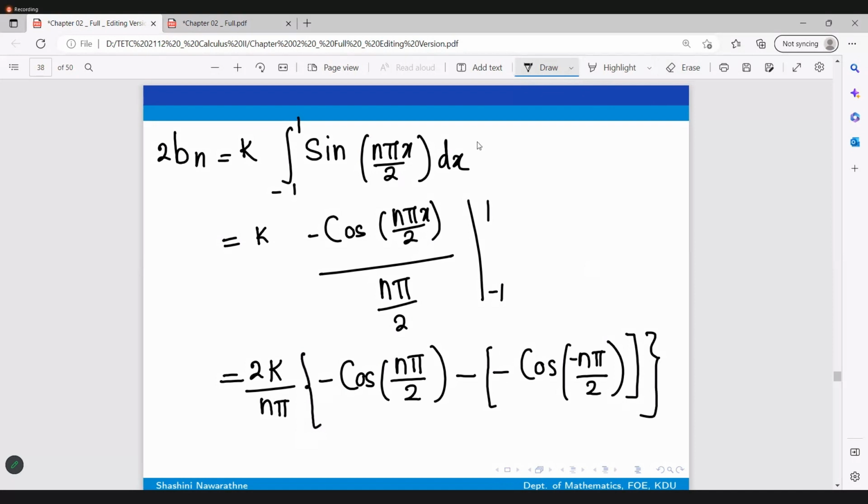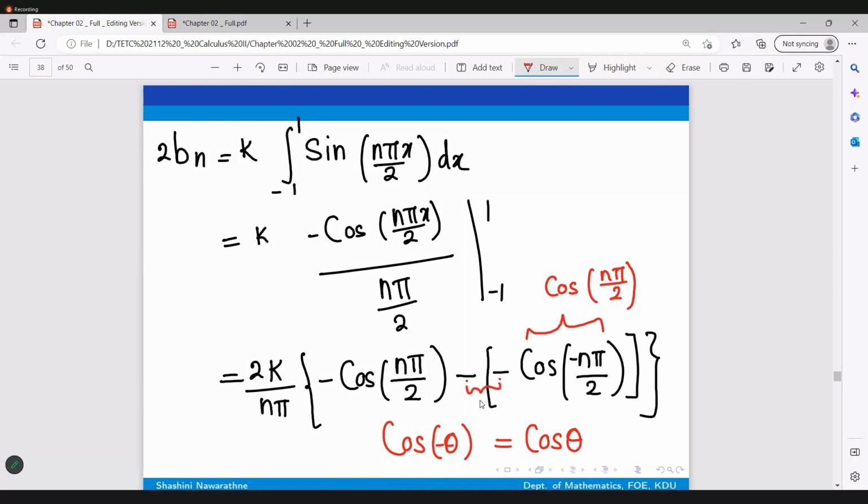And in our first session, we discussed that cosine of minus theta is equal to cos theta. So this part, if we consider theta equal to n pi over 2, is cosine n pi over 2, because cos minus theta is equal to cos theta. So this minus times minus gives plus.